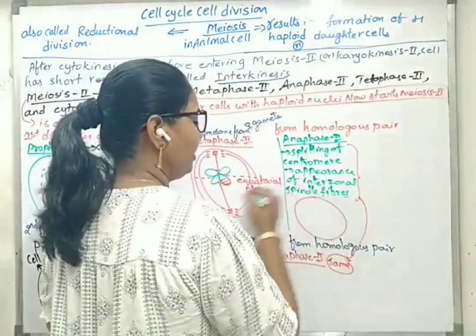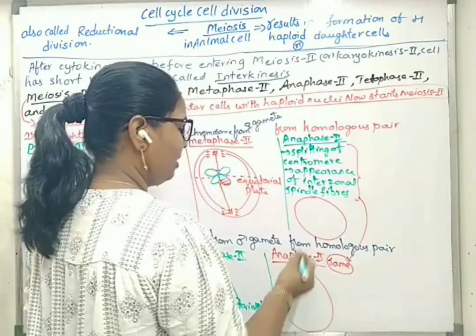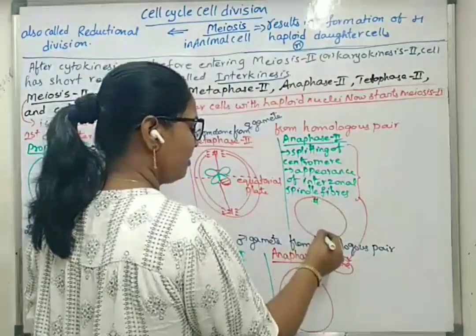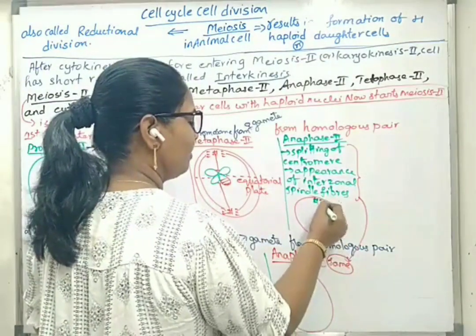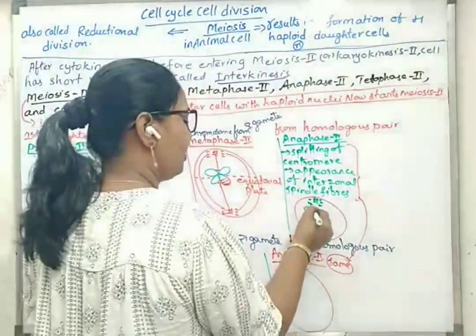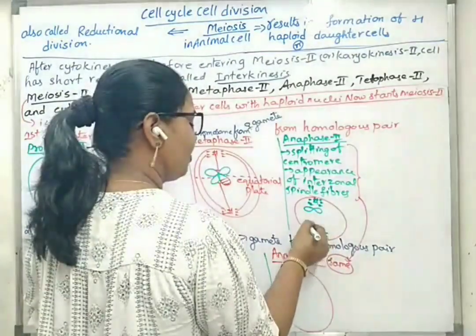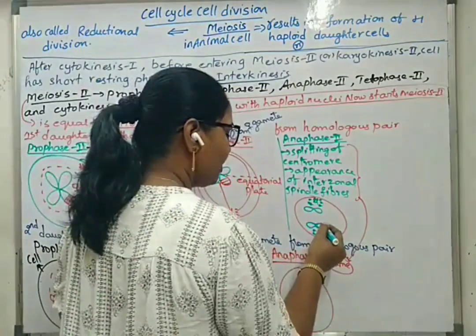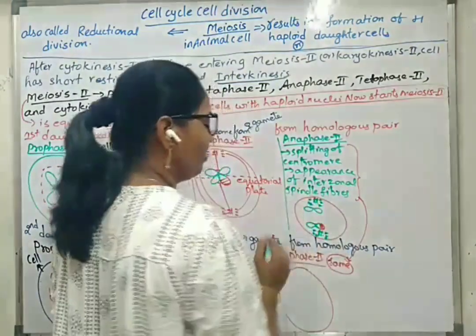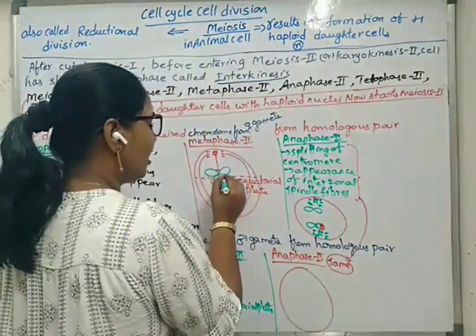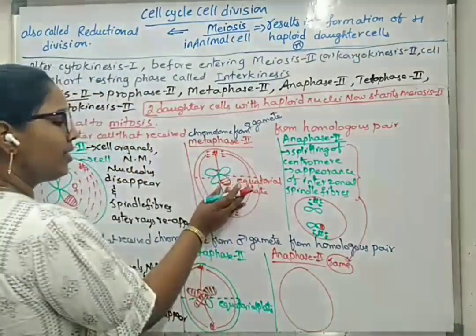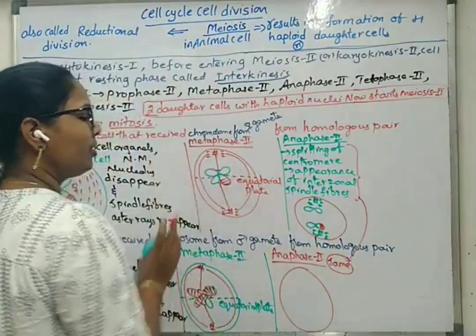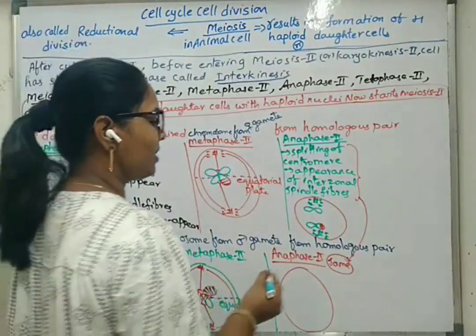When you go for diagrammatic representation, here centrioles, aster rays, there is splitting of chromosomes at the centromere. So when it is cut in half, the chromatid part with the crossover genetic material exchange will come to one side, and the other which did not exchange genetic material will move to the other side.